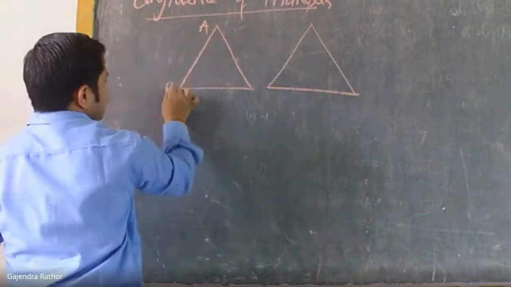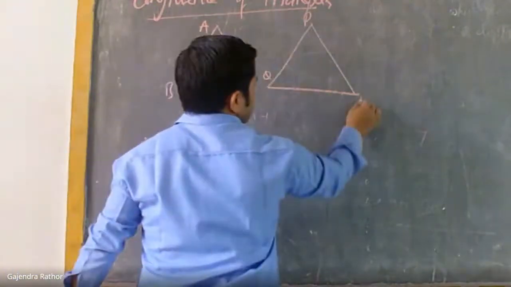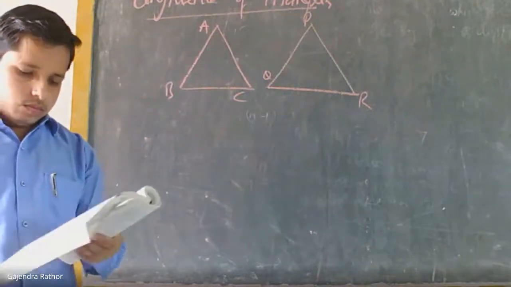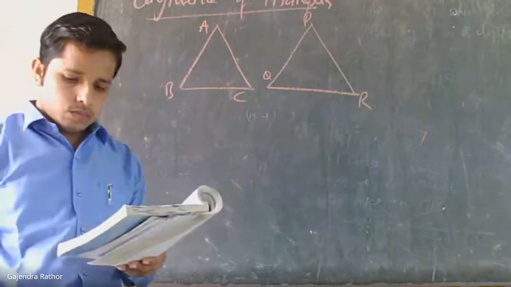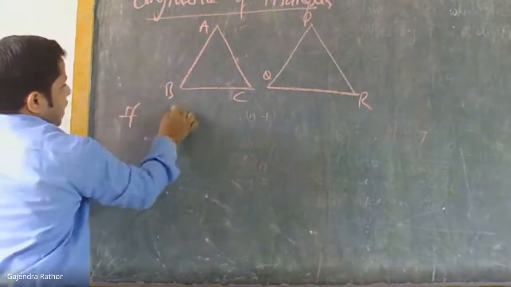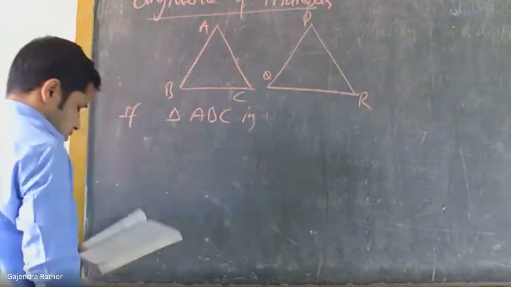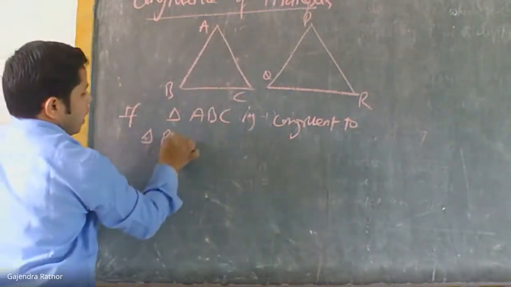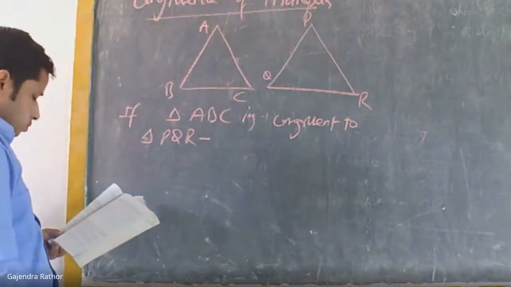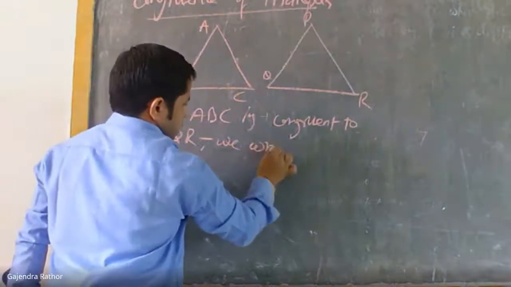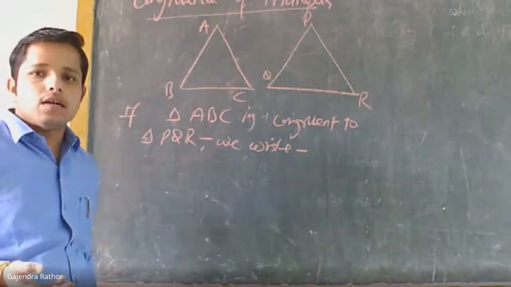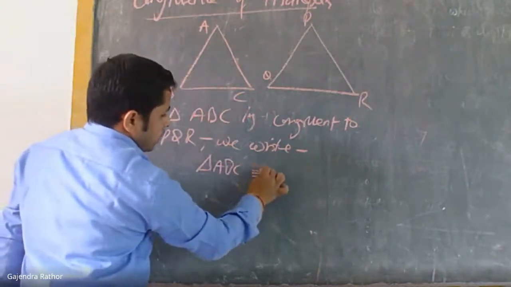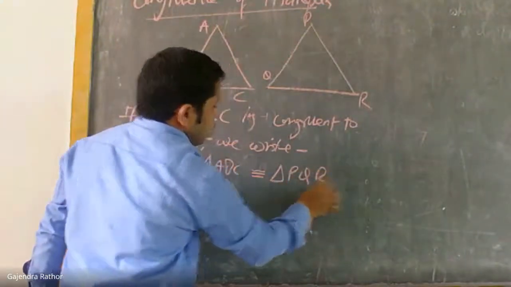Give the names A, B, C, P, Q, R. If triangle ABC is congruent to the second triangle PQR, then how should we represent that two triangles are congruent? We write triangle ABC, an equals sign with a curved line, triangle PQR.